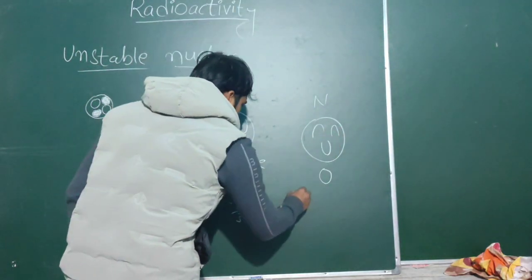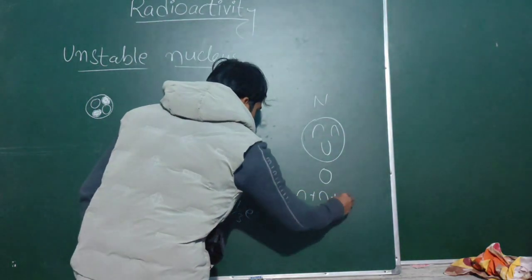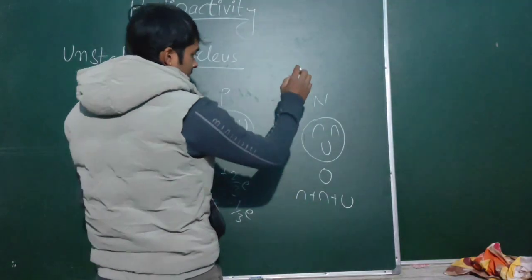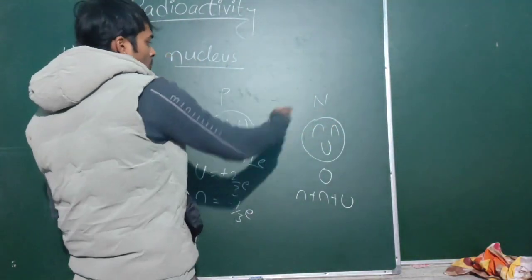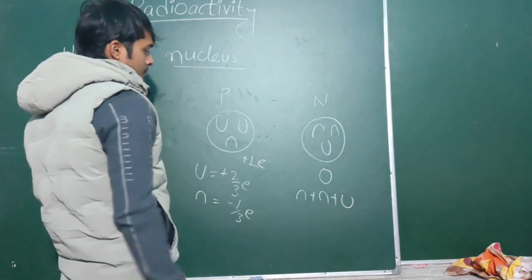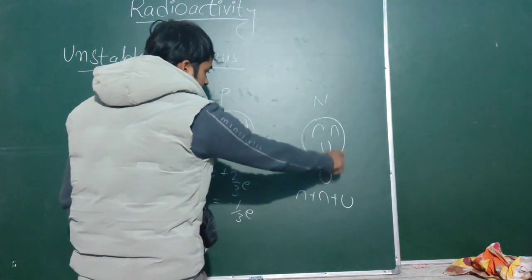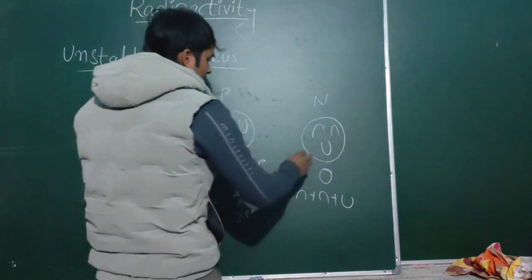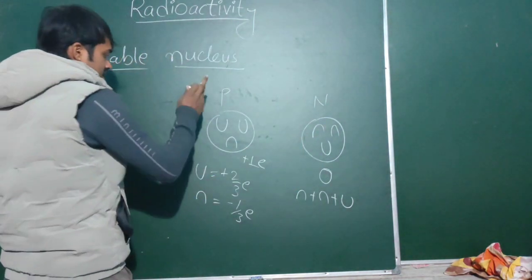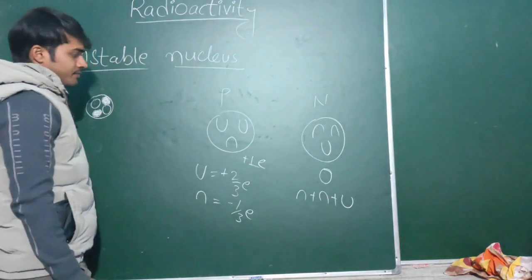What we do is add up the total charge of all the ingredient quarks present inside the nucleus. We end up getting charge 0 for a neutron and a charge of plus 1 of the electron charge for a proton.